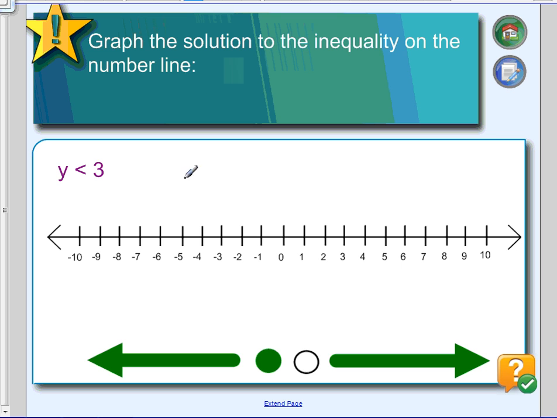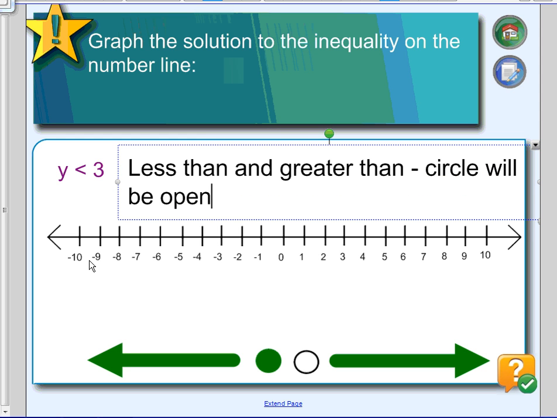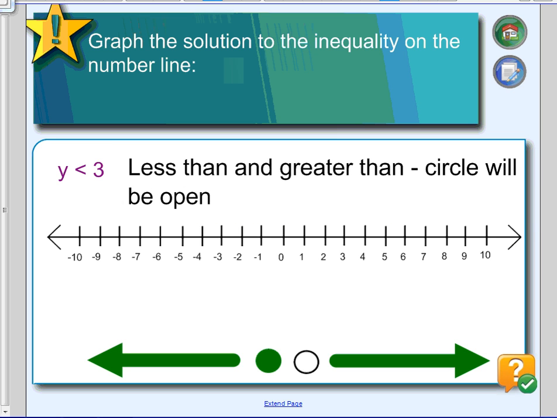Okay. All right. So our next equation we're going to be graphing is y is less than 3. Now, with the less than or equal to and greater than or equal to, the circle is closed. With the less than and greater than, the circle will be open.